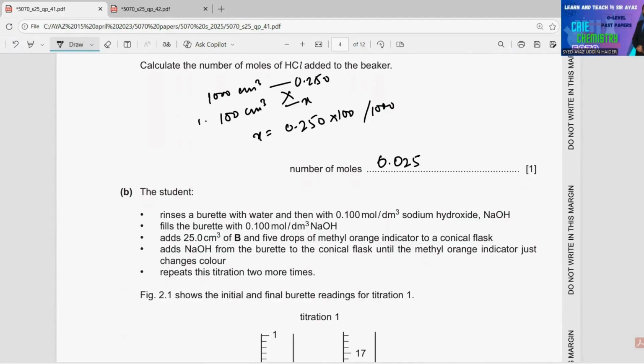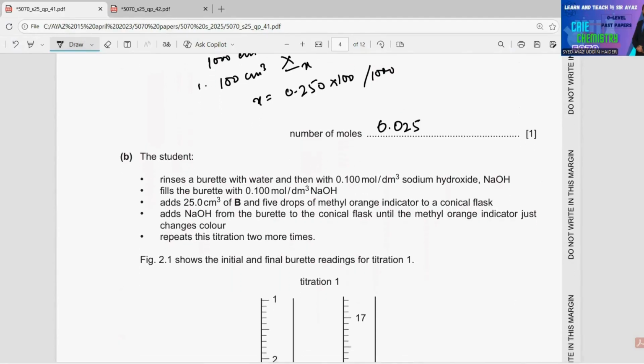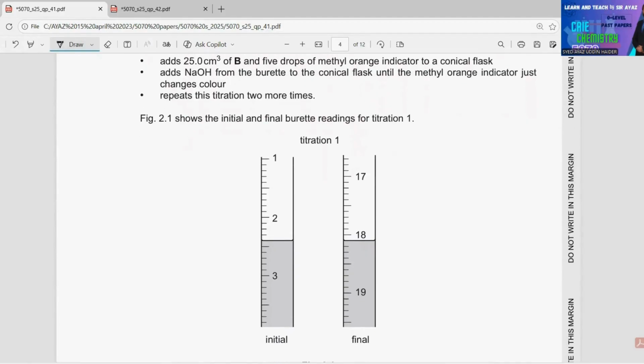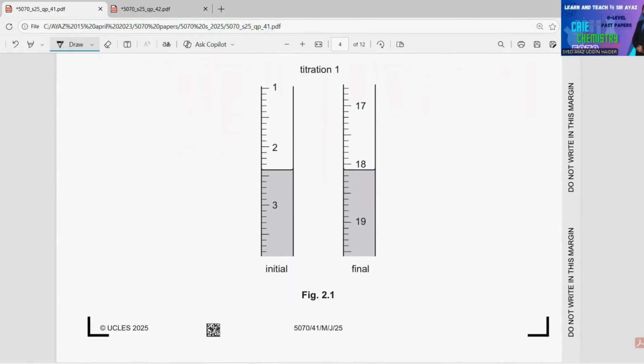Repeats this titration 2 more times. Figure 2.1 shows the initial and final burette readings for titration 1. So for initial, we have 2.4 centimeter cube, and for the final one, we have 18.1 centimeter cube.